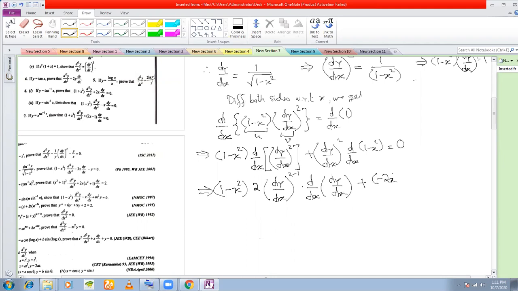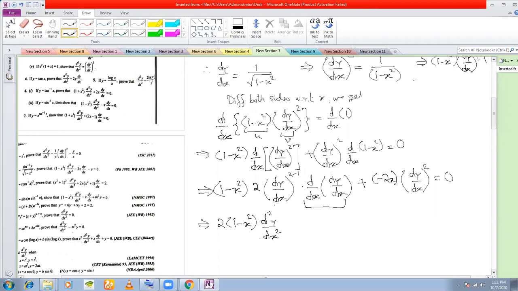Minus 2x. And you have a (dy/dx) square is equal to 0. See now what happens. I get twice 1 minus x square d2y/dx2, because this one is d2y/dx2, right?